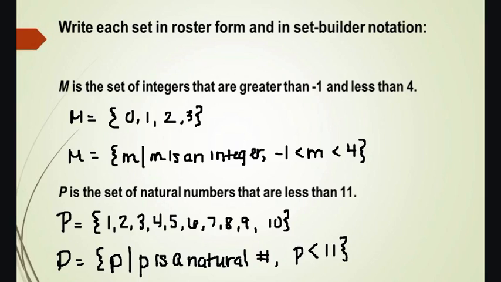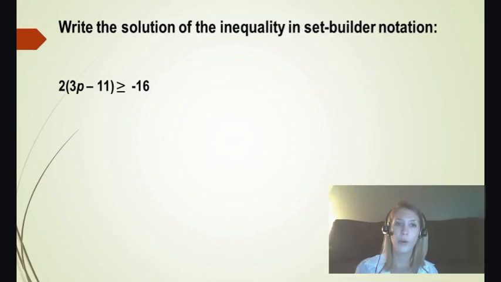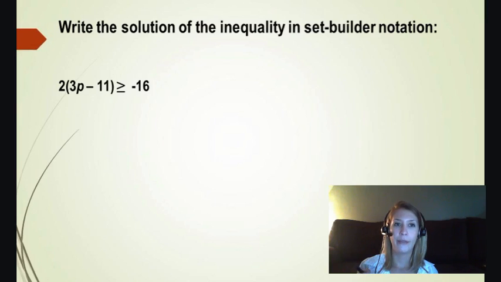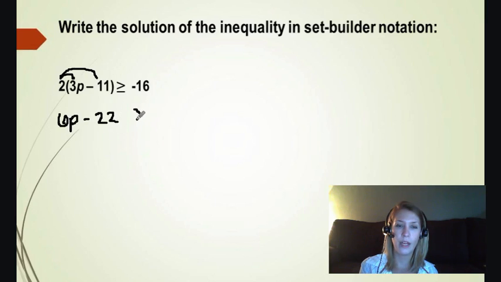Next, we're going to write the solution of this inequality in set builder notation. First, we need to simplify it, so we're going to use the distributive property. That would be 6p minus 22 is greater than or equal to negative 16. I'm going to add 22 to both sides of my inequality because we're using inverse operations to isolate the variable p.